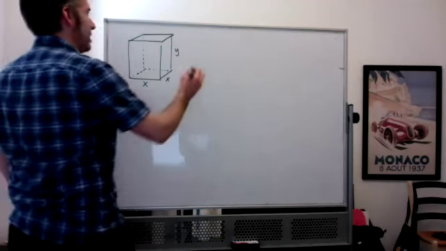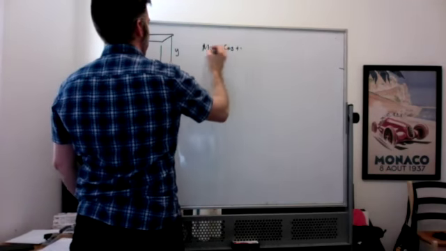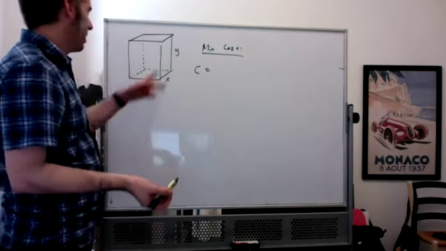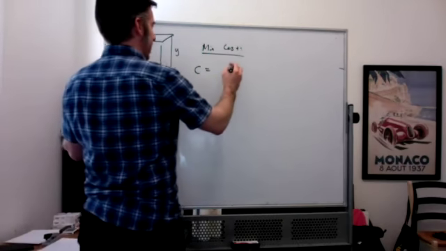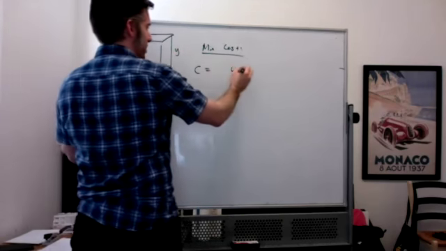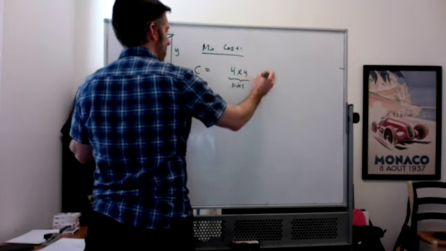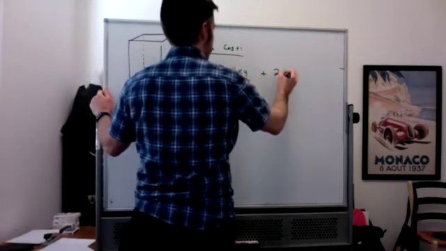So we want to minimize the cost. And the cost is equal to, well, whatever the sides cost. The sides are each xy, there's 4 of them, so the sides are 4xy. And the top and bottom is x squared and another x squared.